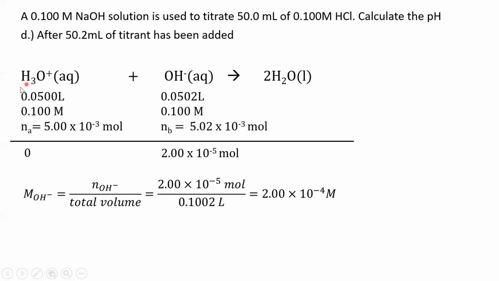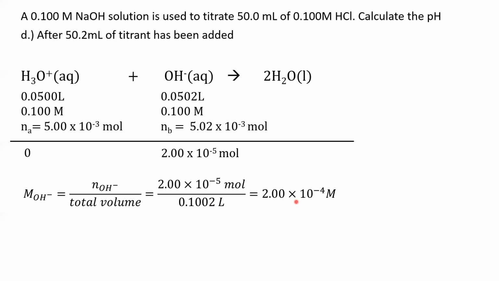And we had 50 milliliters of original acid in the flask, and we've added 50.2 milliliters of base. So the new volume is 100.2 milliliters or 0.100 liters, which enables us to calculate the concentration.